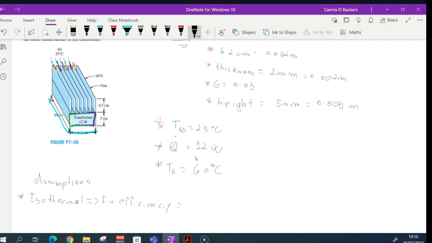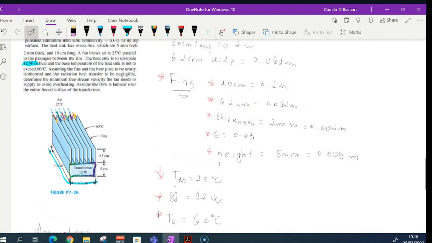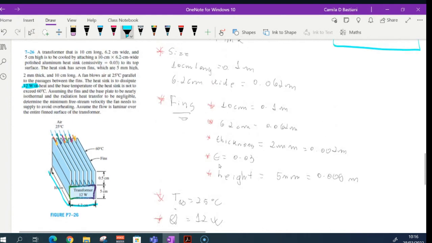So if I'm told that my fins are isothermal, I can assume that my fin efficiency is 1. Just remember that, okay? Every single word in this problem can help us with something. In this case, when they tell us that the base plate and the fins are nearly isothermal, it means that my efficiency is 1. And the radiation heat transfer is to be negligible.